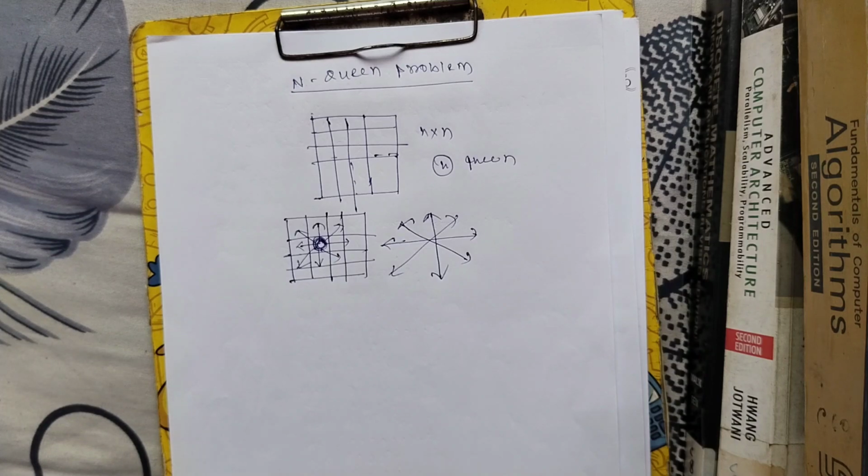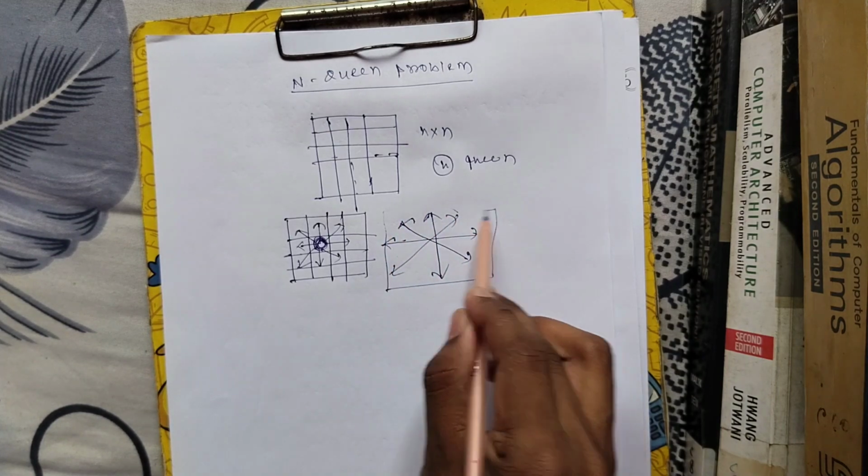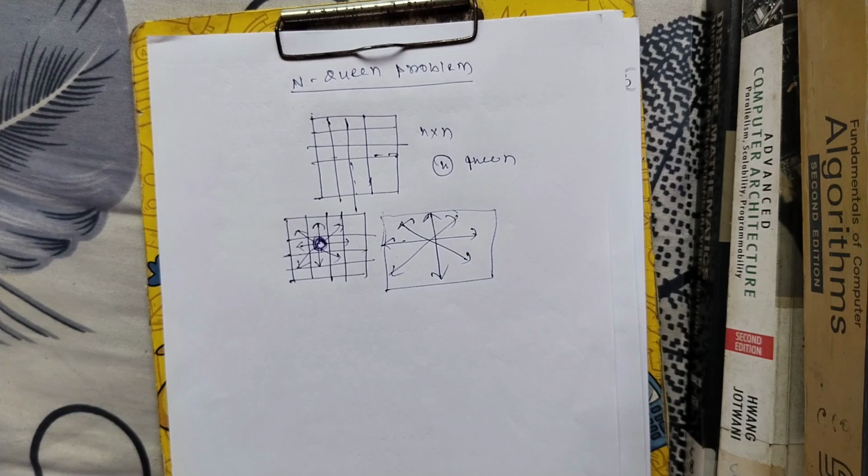Okay, let's see. If we look at this, we find three conditions such that no queen attacks any other queen. What are the three conditions?